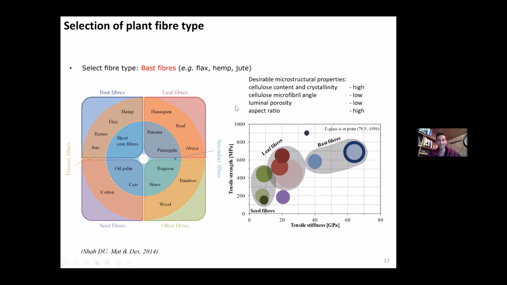Based on these, we eventually did a material selection process to try and identify which bast fibers will have the best strength and stiffness. And it turns out bast fibers, which are in the stem of a plant, such as flax, hemp, and jute, are the most suitable, particularly in stiffness and strength dominated applications. So that's what we went ahead with.